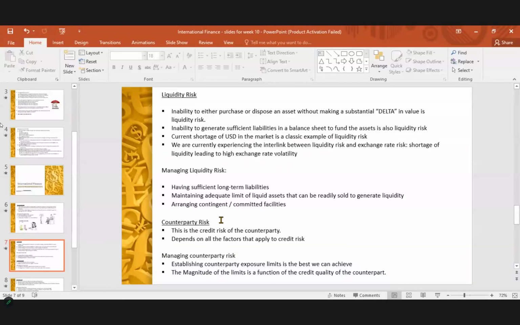In terms of Forex, how do you manage this? By having small limits. If there is a liquidity situation in the market, Forex liquidity, you don't go and expose yourself to large transactions unless you are able to source those large transactions in the market.